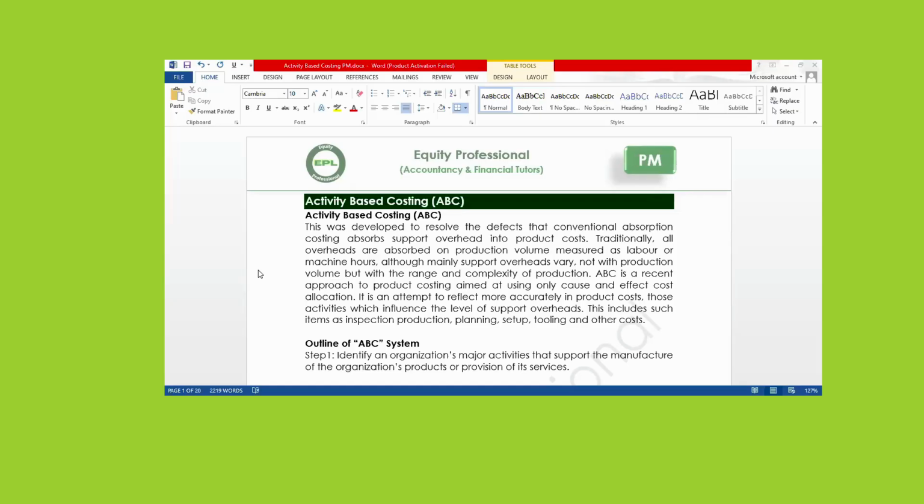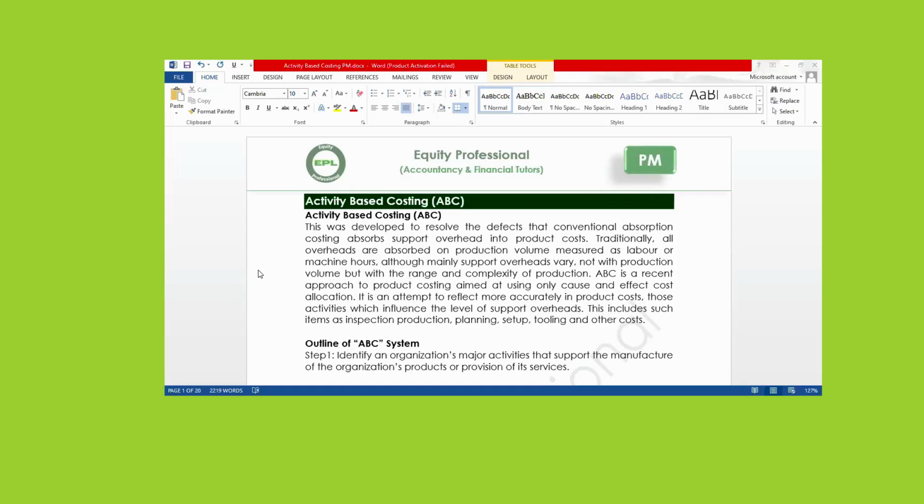Any cost incurred that can be traced to a bottle of Coke, that cost will be allocated to Coke. That becomes direct. Any cost incurred that can be traced to a bottle of Fanta, that cost will be allocated to Fanta.